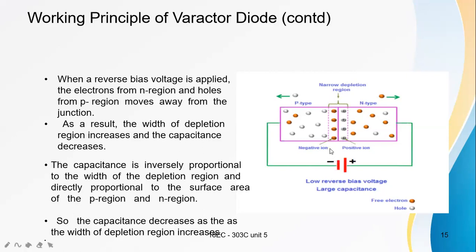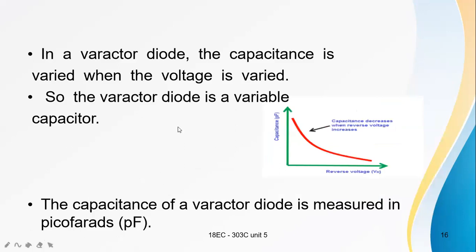If there is no bias, the width of the depletion region is very less and the capacitance is very high. See, this is the relationship between the capacitance and the applied reverse voltage. Initially, for low reverse voltage, the capacitance is high, and when the reverse voltage keeps increasing, the capacitance keeps decreasing.